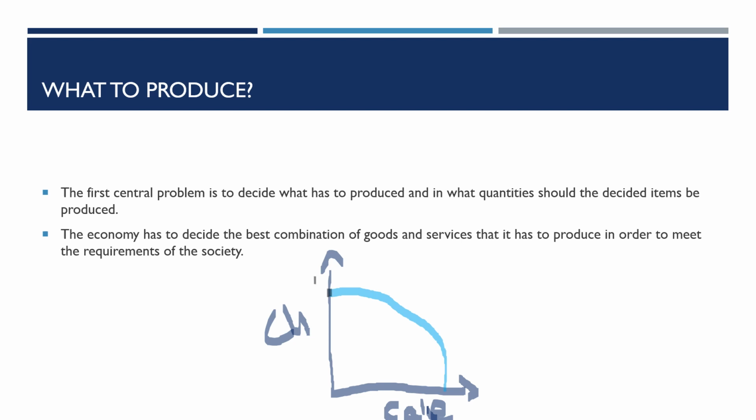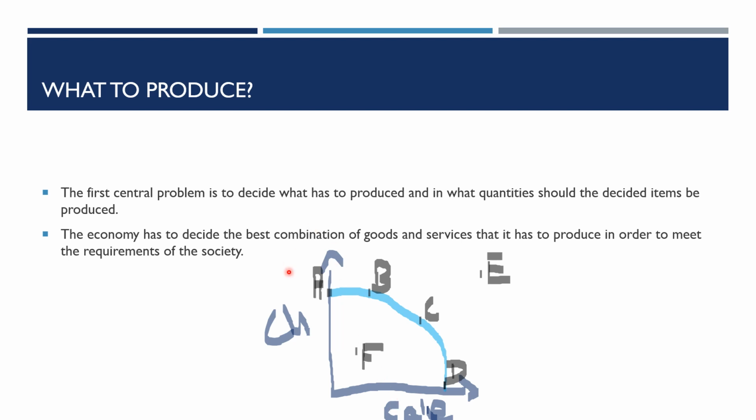This is the first point, I'm marking this as A. Then this is the next point, B. This is C. And this point, let me mark as D. Then let me mark a point here also, E. And another point inside the production possibility curve, let us name this F. So these are the points.